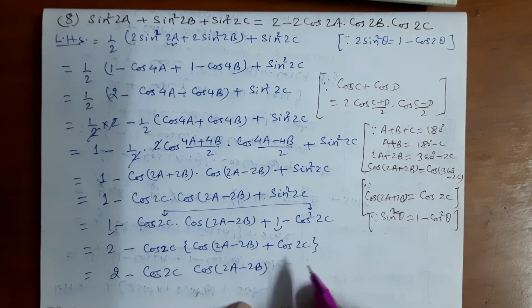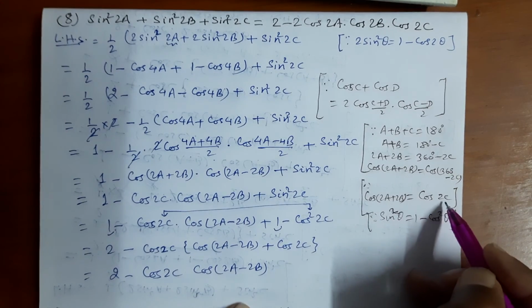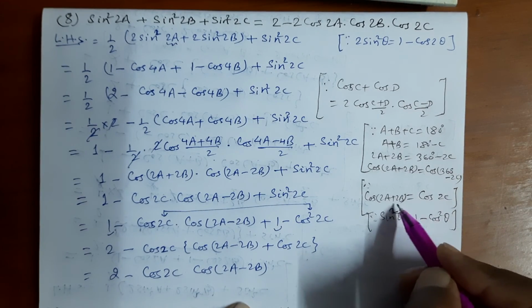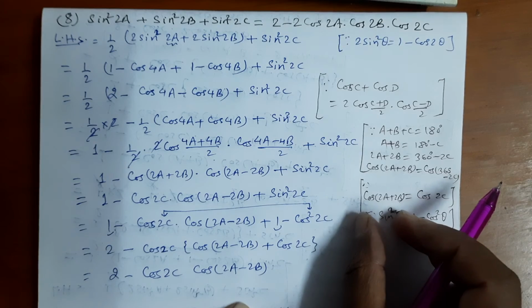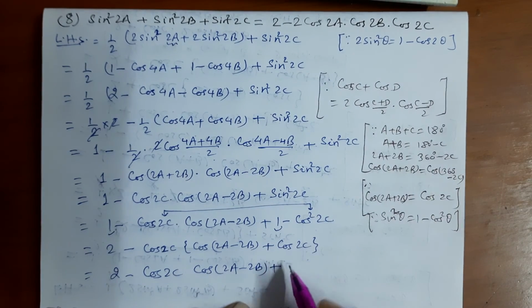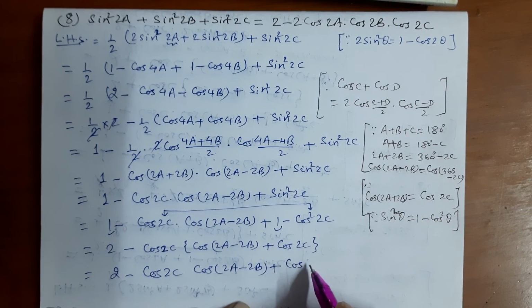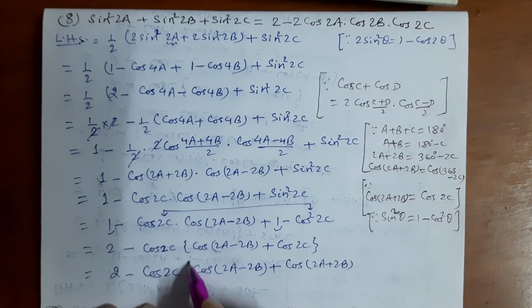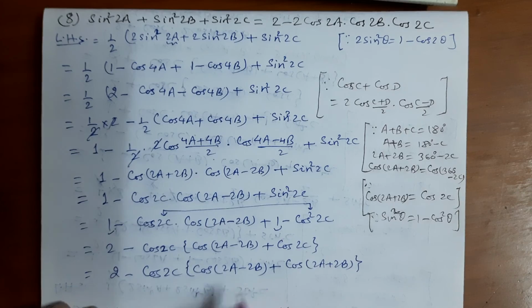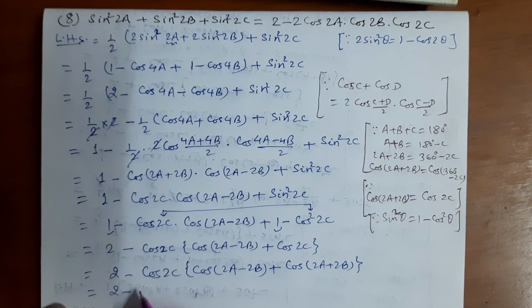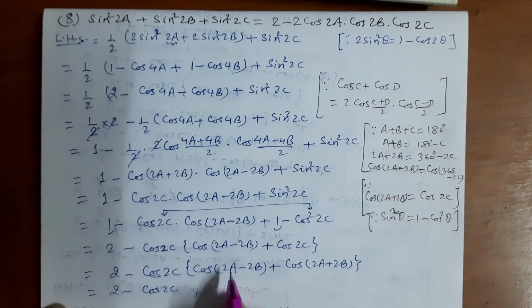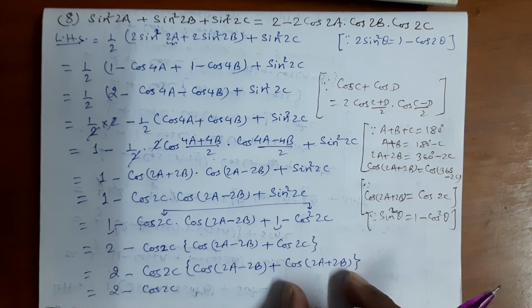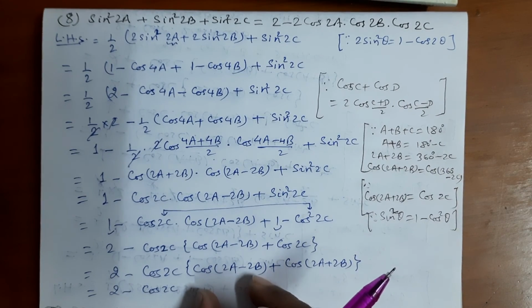Cos 2c we have already found out: cos 2c is cos(2a plus 2b). So from this we can write cos(2a plus 2b) plus cos(2a minus 2b) enclosed in curly brackets. So this equals 2 minus cos 2c times [cos(a plus b) plus cos(a minus b)].